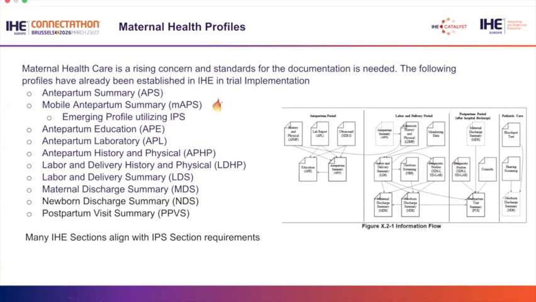It takes the structure of the IPS profile and utilizes it for maternal health care. The main difference is that it can reference encounters and therefore it is not a true IPS, but it uses a lot of the same sections and data elements that are expanded upon for maternal health care and tracking.